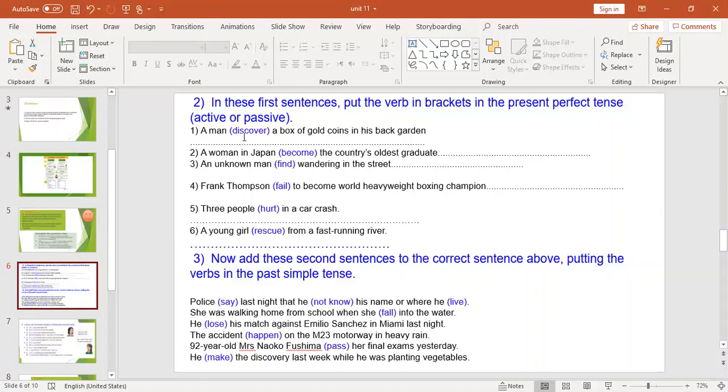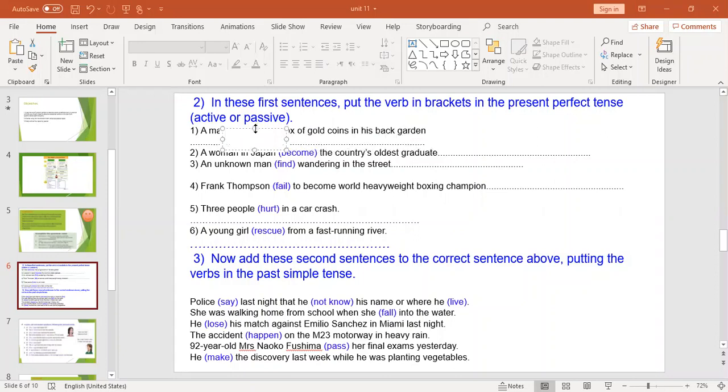A man discovered a box of gold coins in his back garden. We ask ourselves about the subject here. Is the subject the same as the agent? Actually, it is the same as the agent. This is why it's suitable to use active voice here.